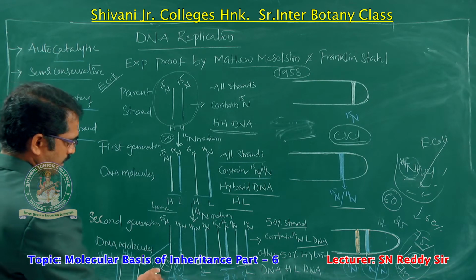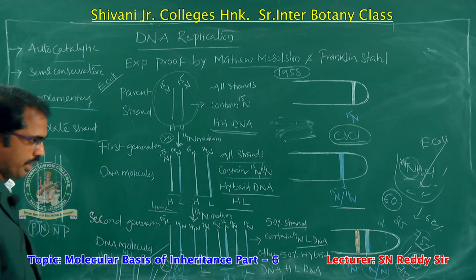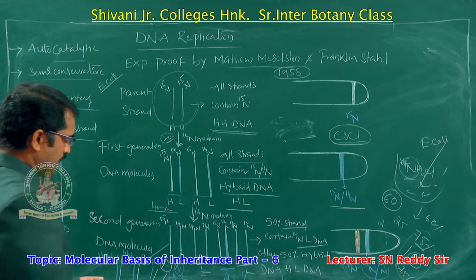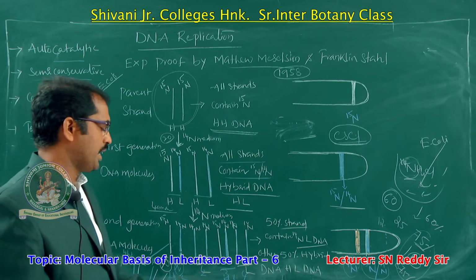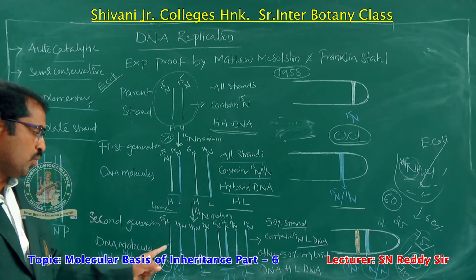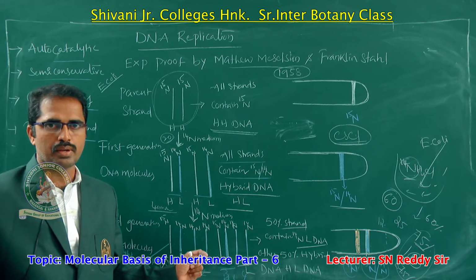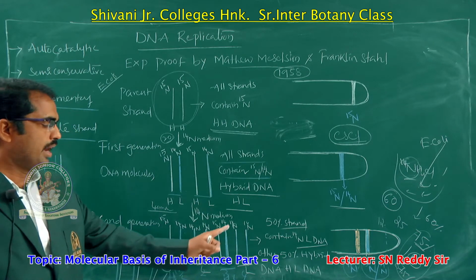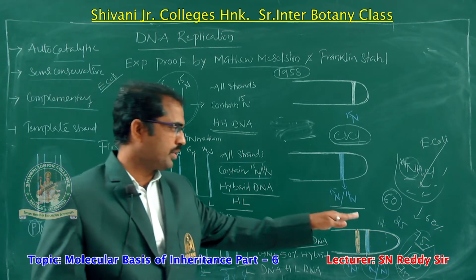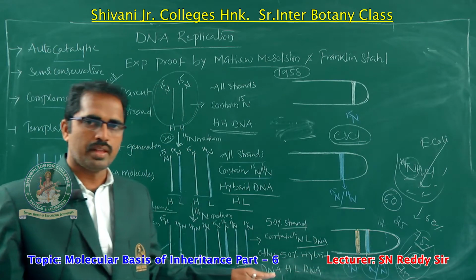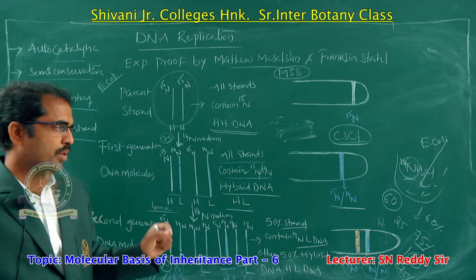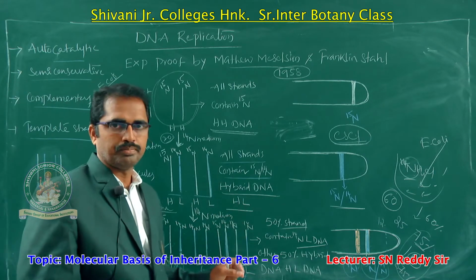This strand is the new strand, this strand is the new strand. Again you take N15, N14. Almost 8 DNA molecules will be synthesized. Of these, only 2 are heavy-light DNAs, and the remaining 6 are light DNAs. Based on this, the percentage of hybrid DNA will be decreased and the percentage of light DNA will be increased by the semi-conservative method.